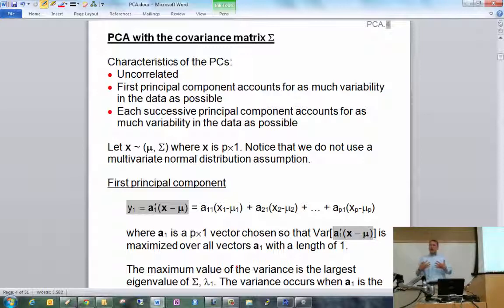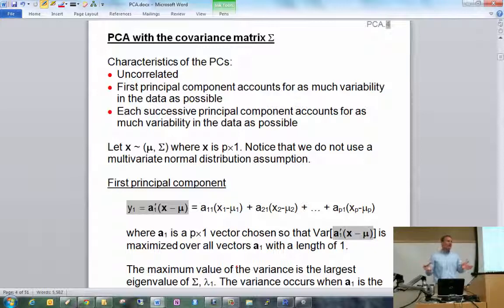This first new variable that we find, this first linear combination, this first principal component, is going to account for as much variability in the data as possible, compared to any other possible linear combination that you could find. Why is that important?